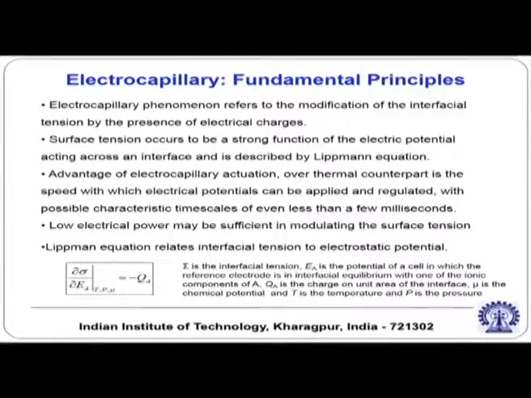So at constant temperature and pressure, the gradient in surface tension with electrical potential is nothing but the negative of the charge per unit area, of course. So you can see that if you can create a charge on an interface, then that will create a gradient in surface tension or surface energy with the aid of an electrical potential.